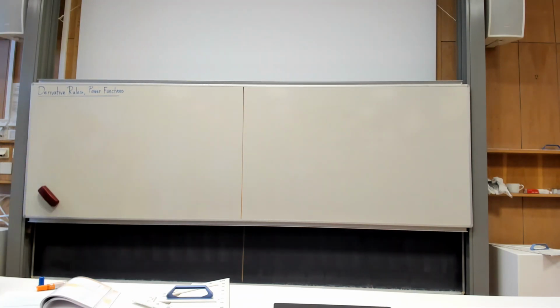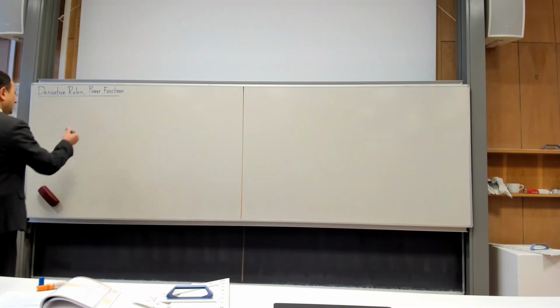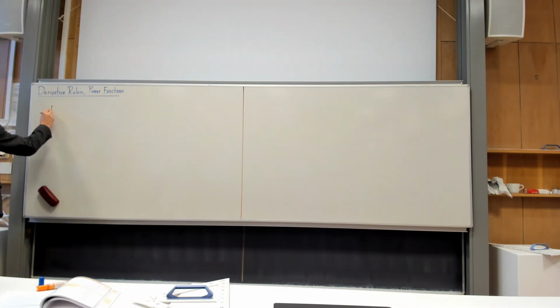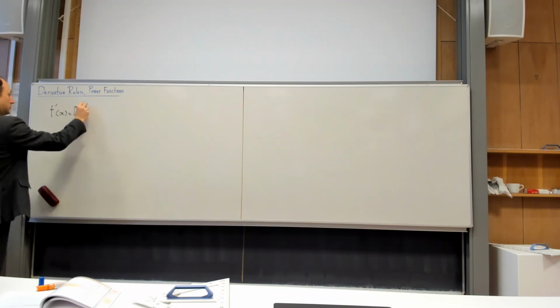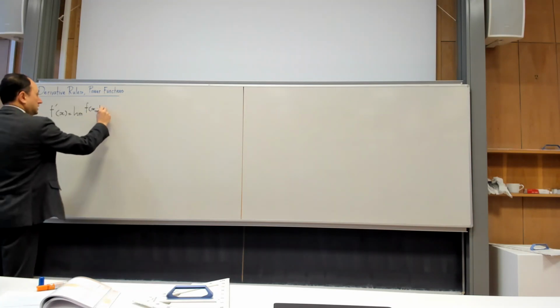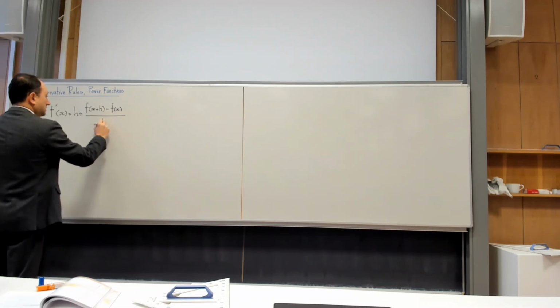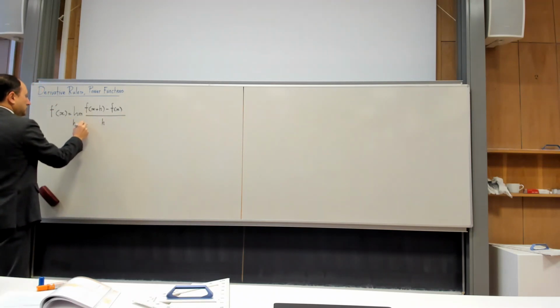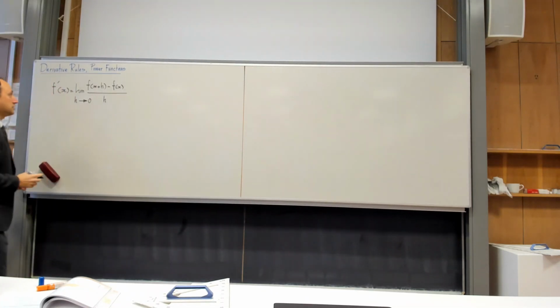So let me write a formula here for you. Do you remember I told you that f prime of x is the limit of f of x plus h minus f of x divided by h as h goes to 0, yes? Yeah, that is the formula for the derivative of a function.